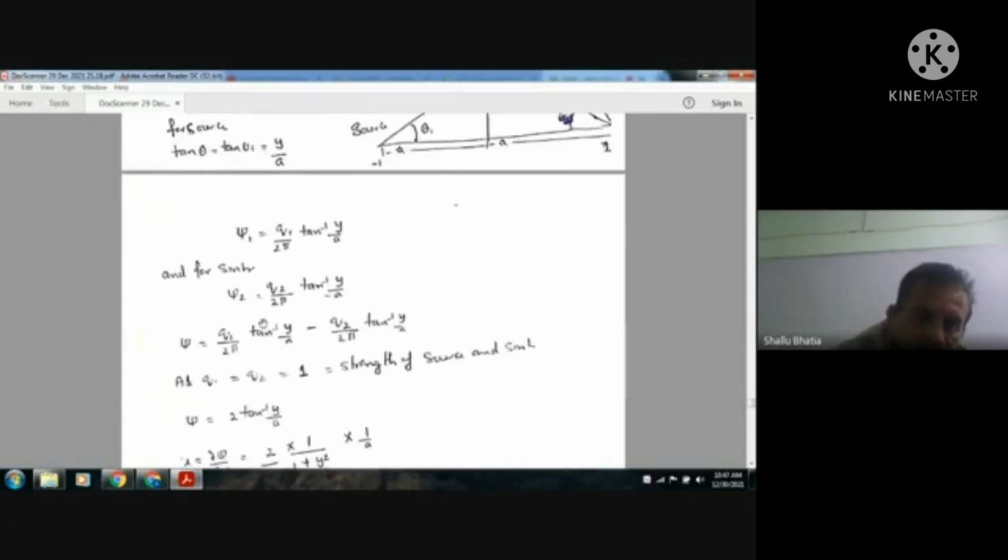The general expression will be like this. Here it should be minus a, because it is minus a here. It is also minus here, so the resultant of these two will be 2.